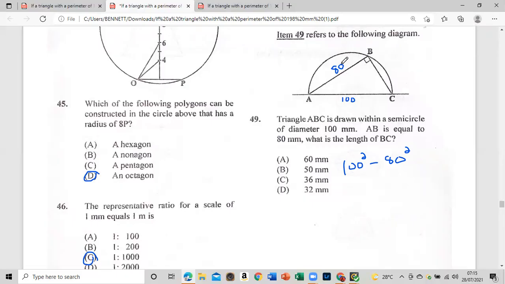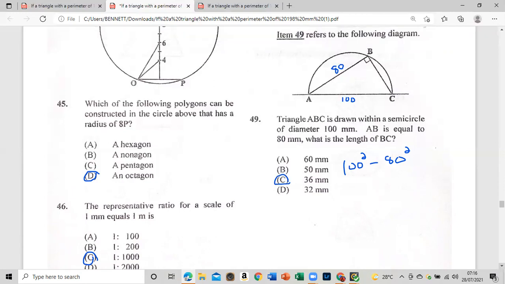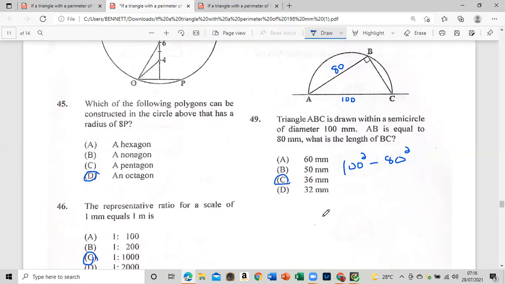Just change it to 8 and 10, right? Yo, I love this question. Remember the trig ratio 6, 8, 10. Yeah, so it has to be 60, not 36. Oh Lord.